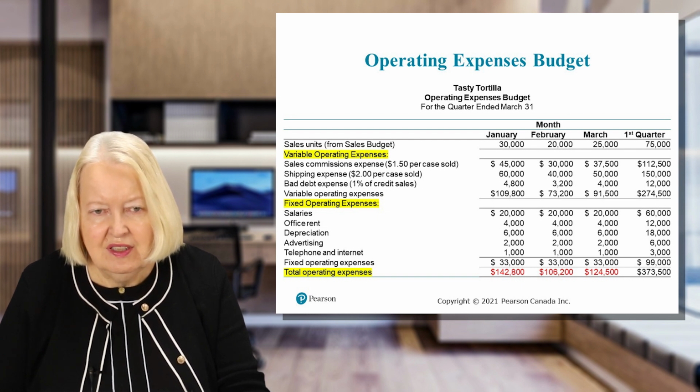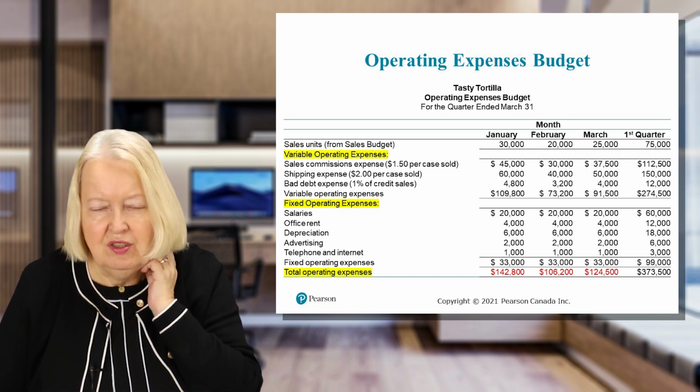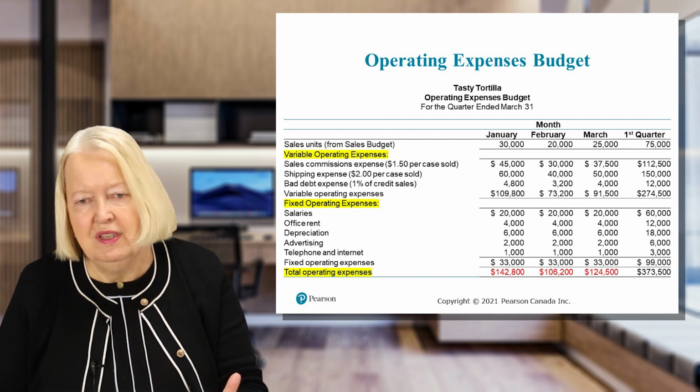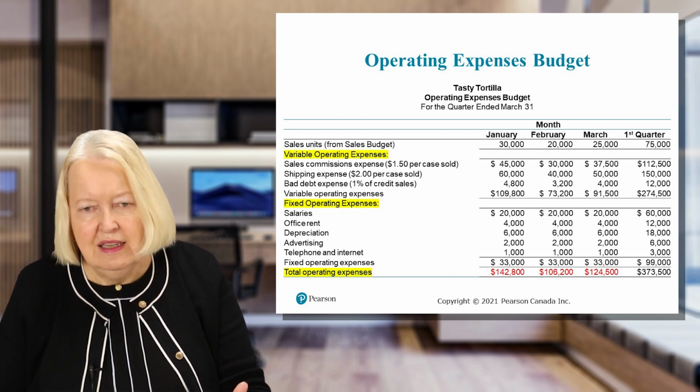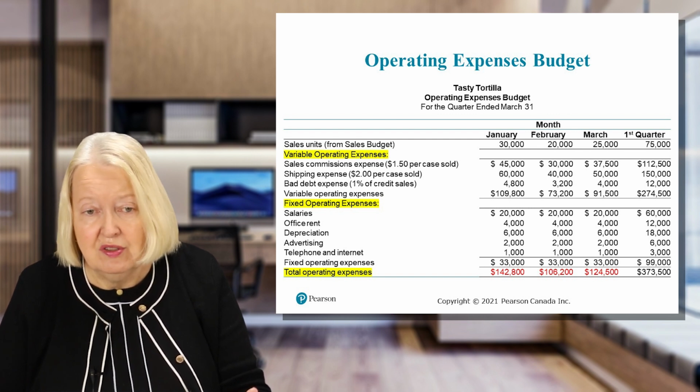The next category is your fixed expenses. In this situation, the salaries are for your administrative positions. These people are on permanent salary, and it's not related to how many units you sell. They're going to be employed regardless of how many units you sell.